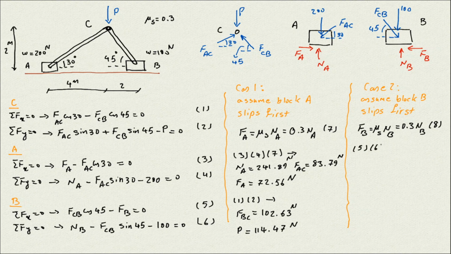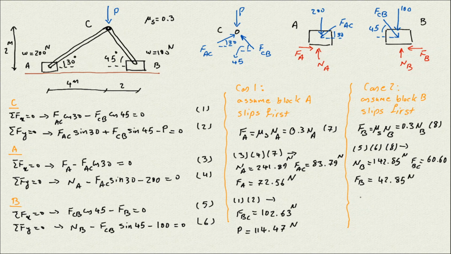So if I use equations 5, 6, and 8, we will get NB as 142.85 Newton, and then FBC would be 60.60 Newton, and FB would come out as 42.85 Newton.